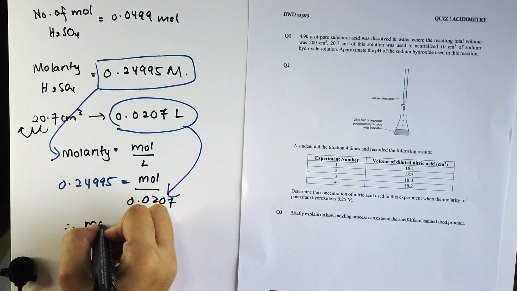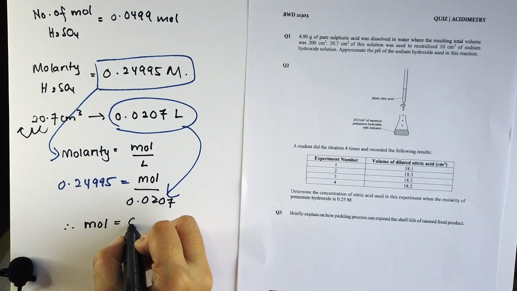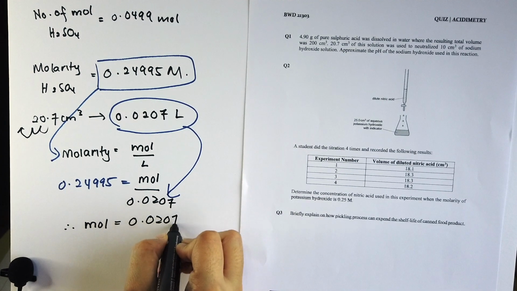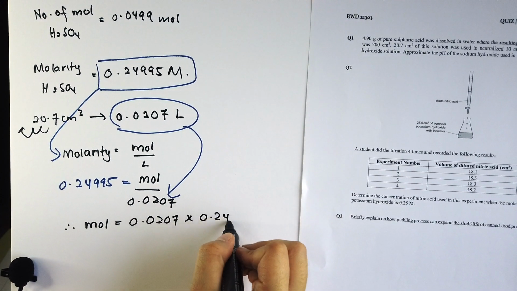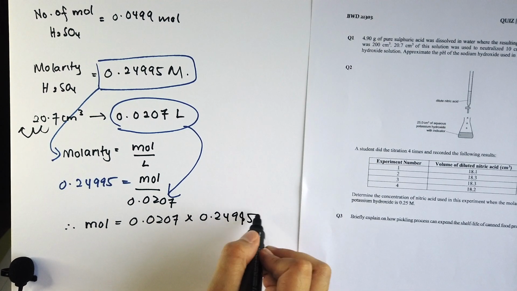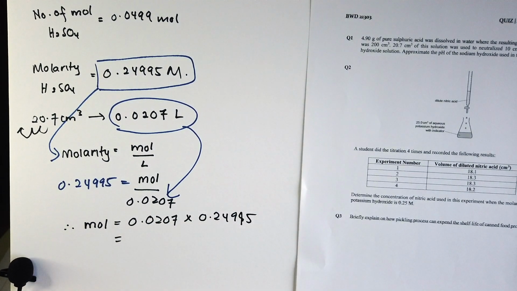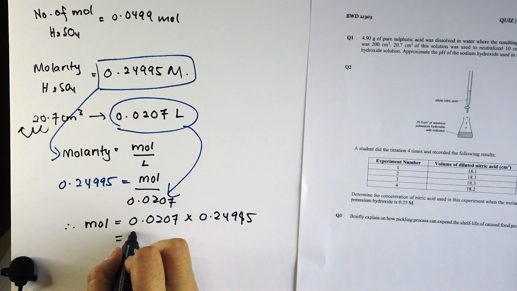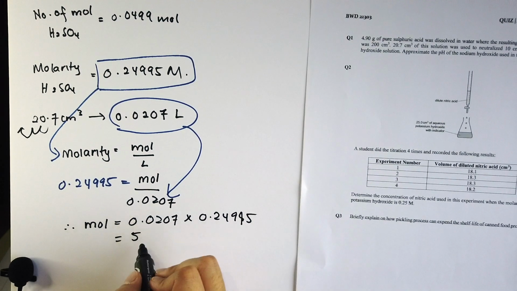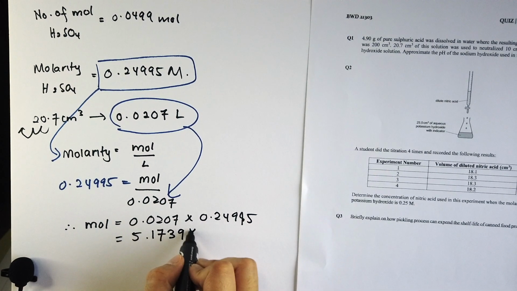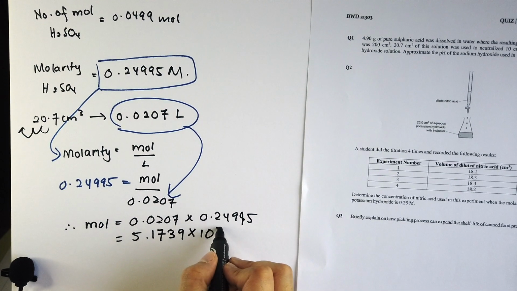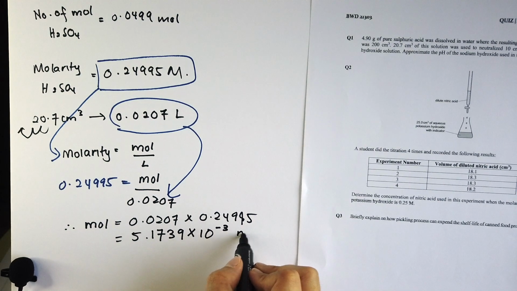Therefore, number of mole is equivalent to 0.0207 times 0.24995. So you should get altogether 5.1739 times 10 to the power of negative 3 mole.